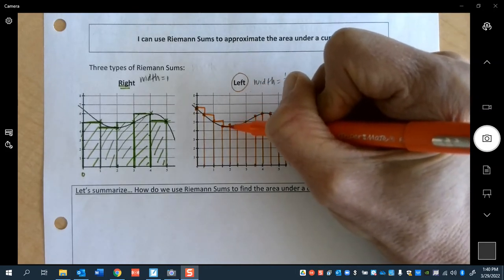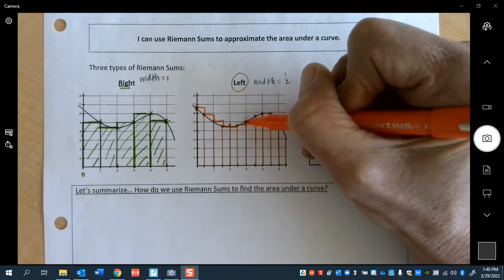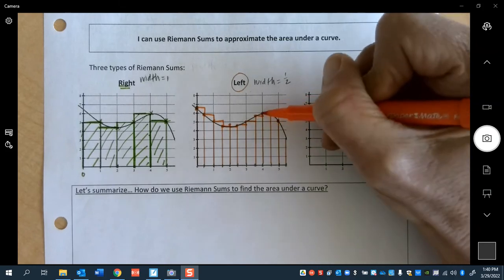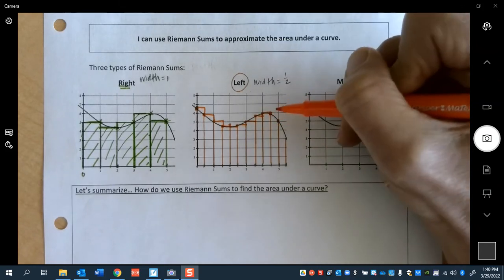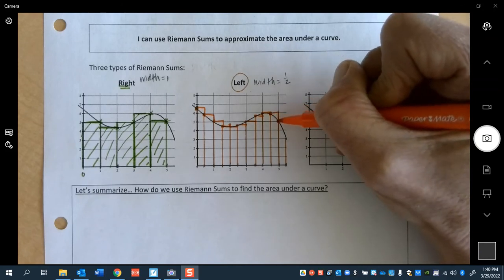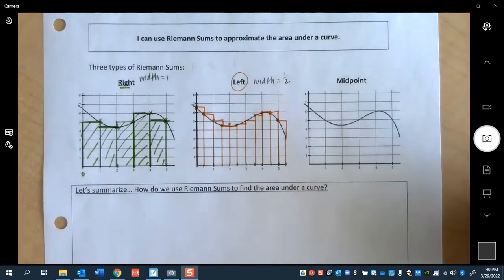This box pretty much dead on. This box under. This box under. This one pretty much dead on. This one over. And this one over.